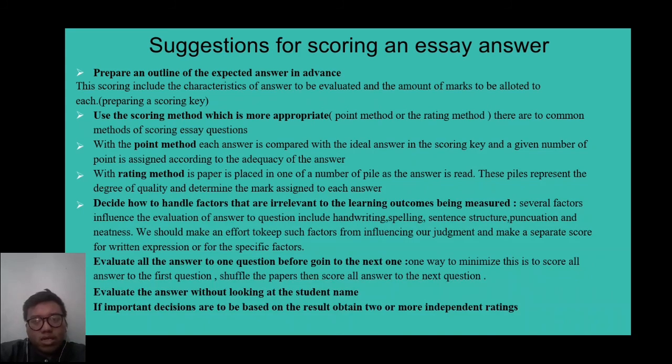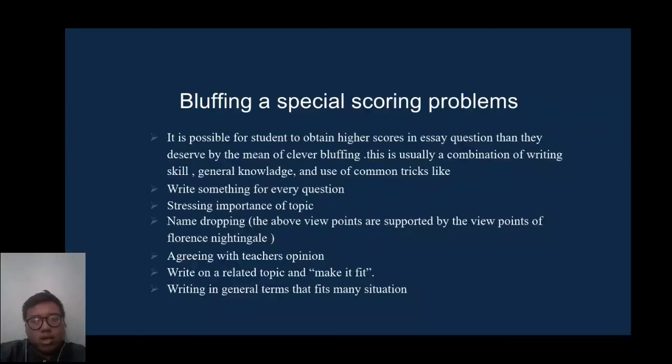And the next is if important decisions are to be based on the result, obtain two or more independent ratings. And the next is bluffing, a special scoring problem. It is possible for students to obtain higher score in essay questions than they deserve by the means of clever bluffing.